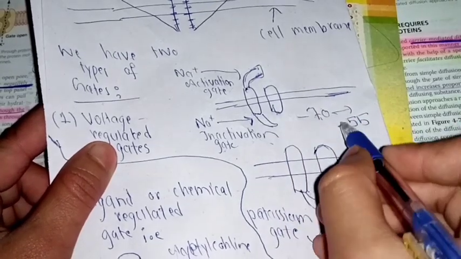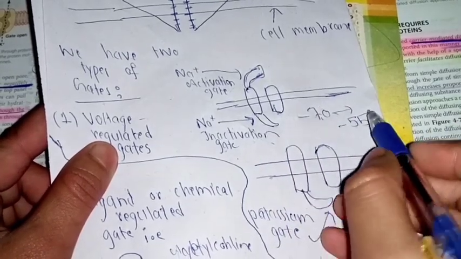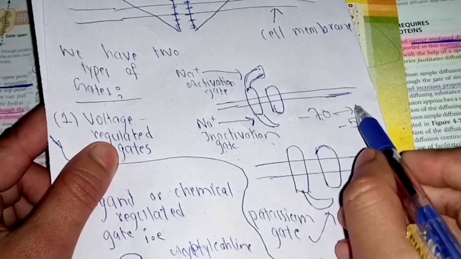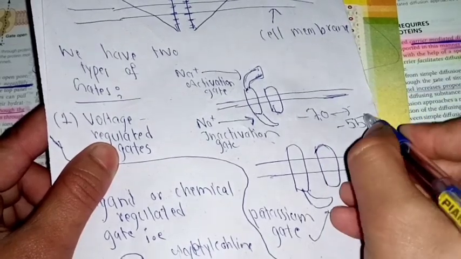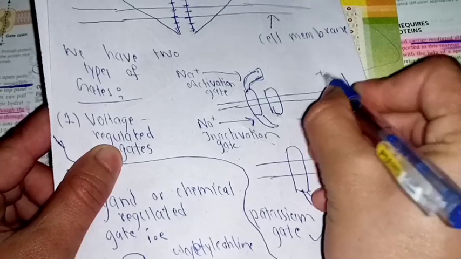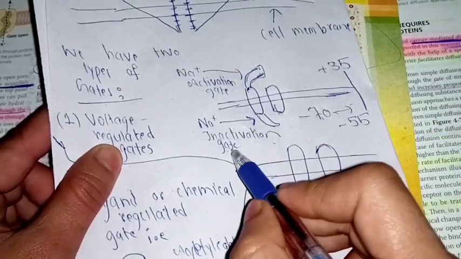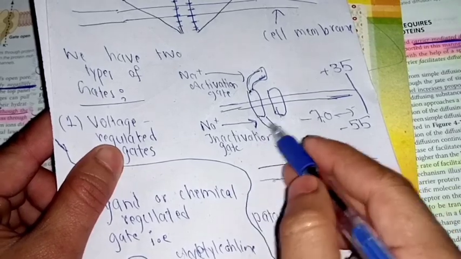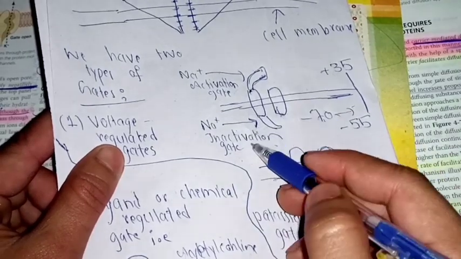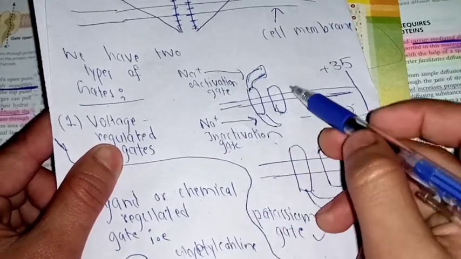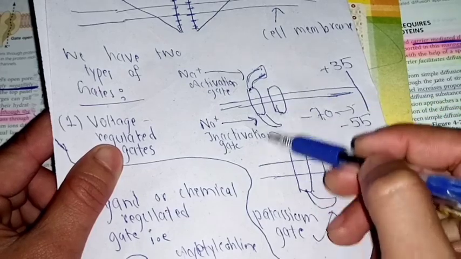But if this voltage is raised to plus 35 for large neurons, then the sodium inactivation gate will close, and it will prevent further diffusion of sodium ions.